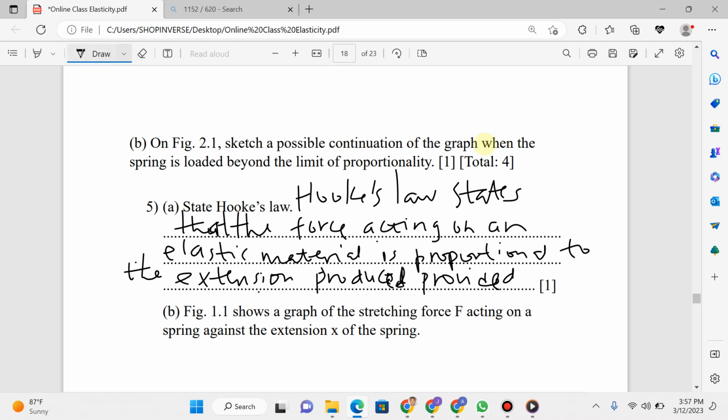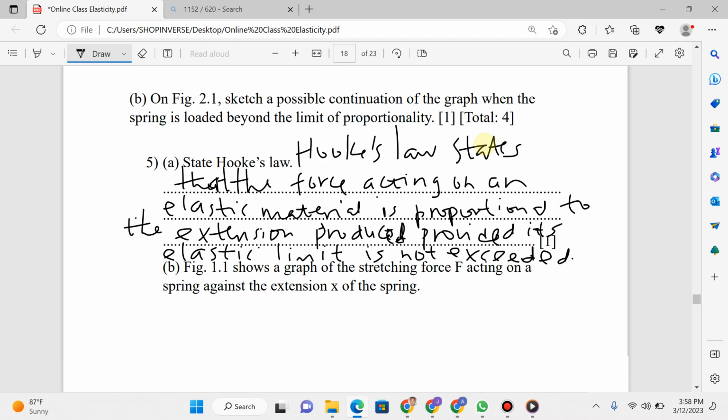So you just say provided its elastic limit is not exceeded. Good. So that is Hooke's law.